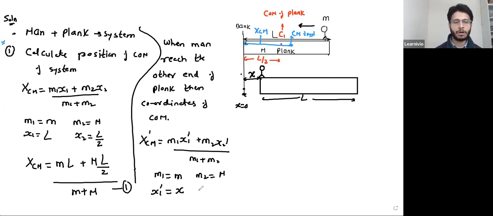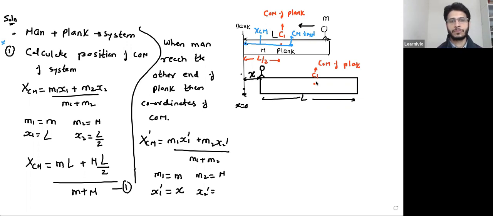M2 is capital M. How much is x2 prime? See, the center of mass of the plank is somewhere here. I call this C1, the center of mass of the plank. What's the x coordinate of this point? Is it L by 2 or something else?